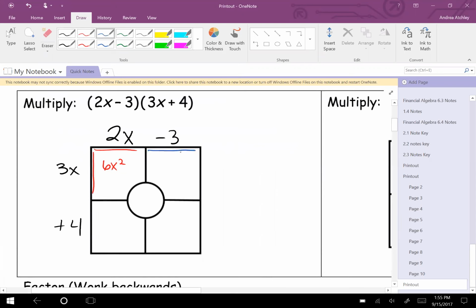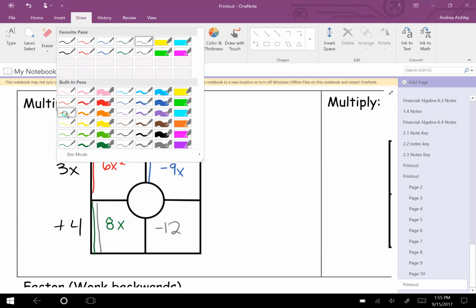Then the 3 times this 3, which is negative 9x. Then the 2x times the 4, which is 8x. And then the negative 3 times the 4 to get negative 12.